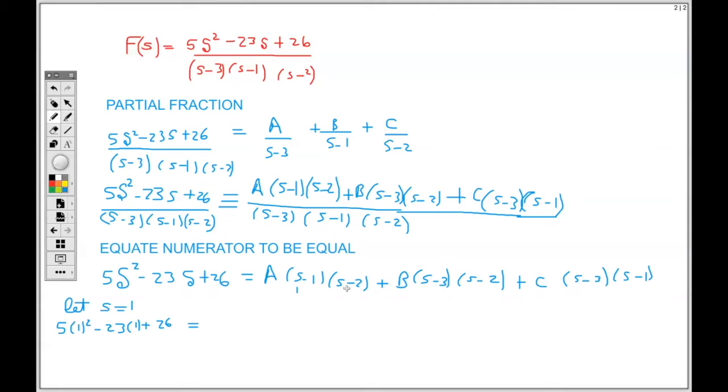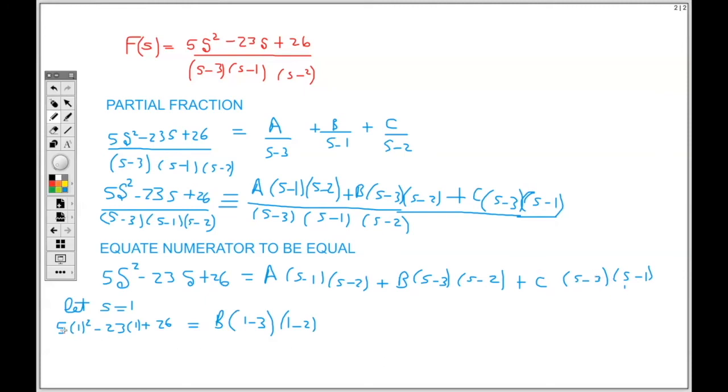So 0 times all of this will be gone, right? Now where I have b, substituting s to be 1, there will not be a 0. So substituting, I'll have 1 minus 3 and 1 minus 2. The next section, replacing s to be 1 here, 1 minus 1 is 0. So 0 times all of this basically will be gone.